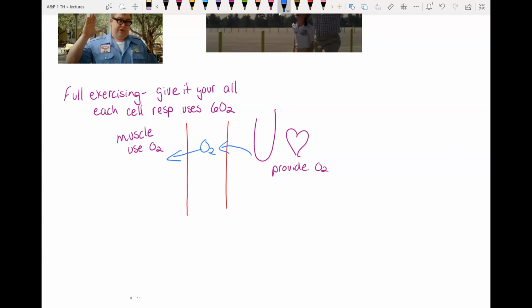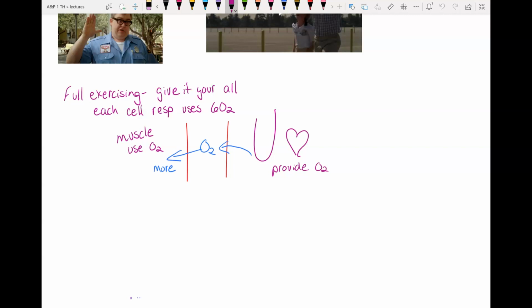When you exercise as hard as you can, it's not equal. You don't have an in equals out situation. Instead, what happens is your muscles use more. There is more going out than what is going in.